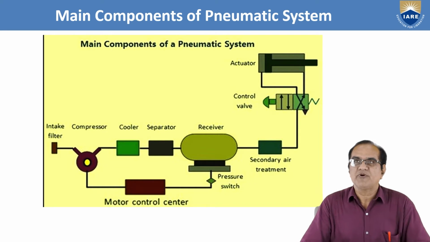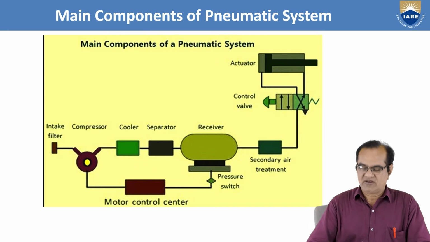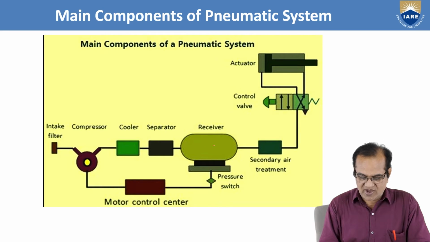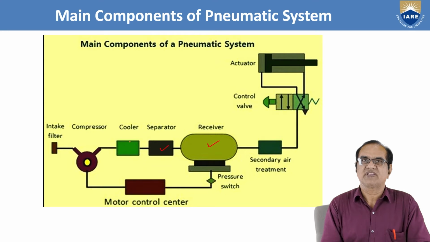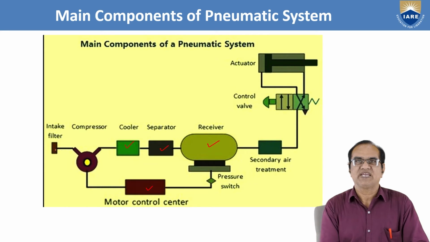Next, the main components of the pneumatic system. You can see here we can start with the reservoir. Then we have the separator, then the cooler, then the motor control center. Here is the intake filter, moving from this direction. Then it is the secondary treatment.